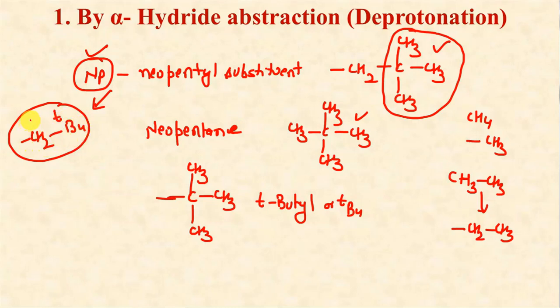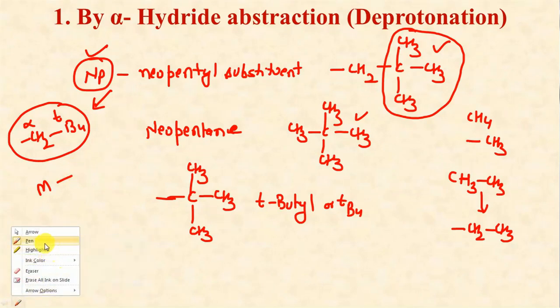Now this will be the carbon atom which is alpha and is attached to the transition metal. So what is the basic mechanism behind all these types of alpha hydride abstractions? We have a metal and CH2 tertiary butyl, meaning this whole moiety is neopentyl.